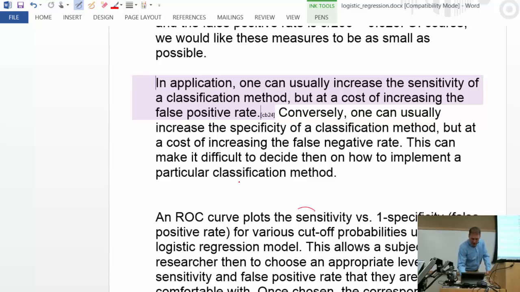They are a plot of the sensitivity versus 1 minus the specificity. Remember, that would be the false positive rate. A plot of sensitivity versus 1 minus specificity at, let's say, all possible cutoff probabilities that you could have.